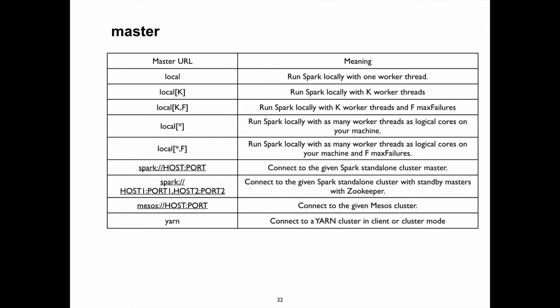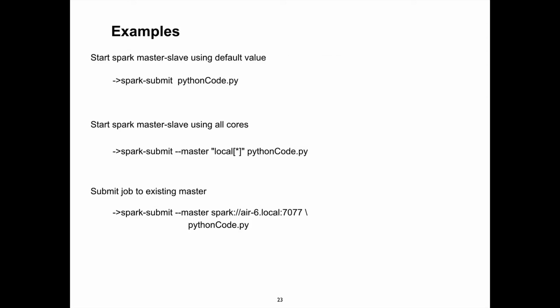And we'll talk about Zookeeper later. So, different examples of just using default values, use a local machine with how many cores you've got, or connecting to an existing master node.